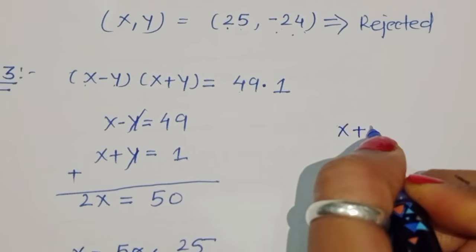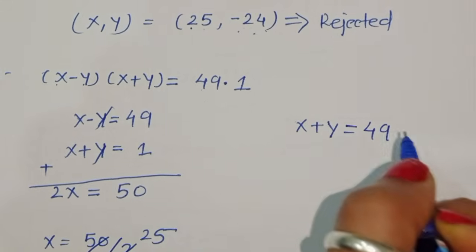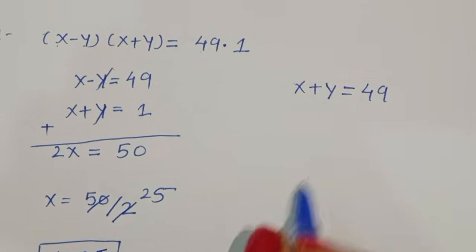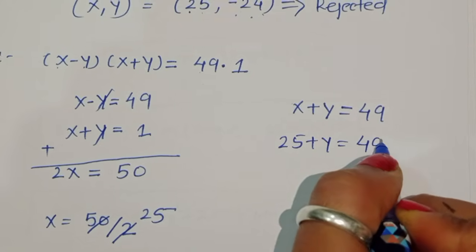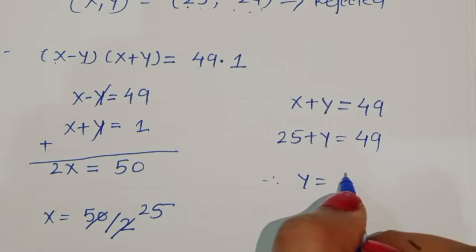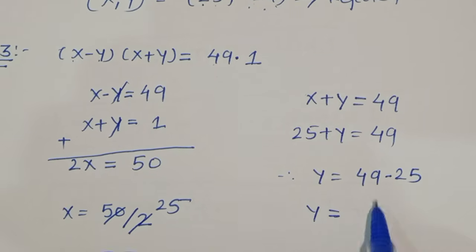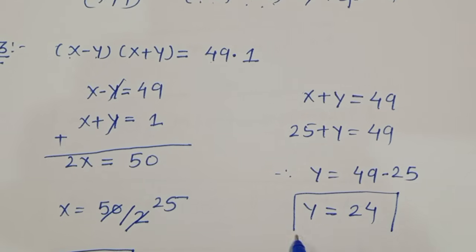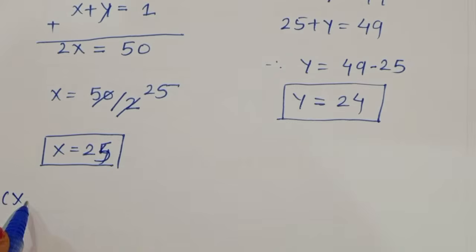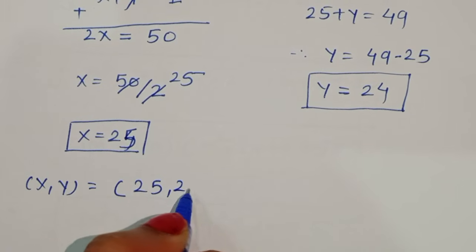Here the value of x is 25, so 25 minus y is equal to 49. Therefore y is equal to 49 minus 25. y is equal to 24. So we got the values of x and y as 25 and 24.